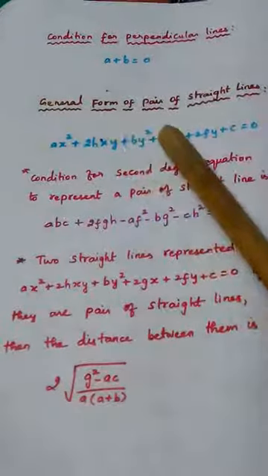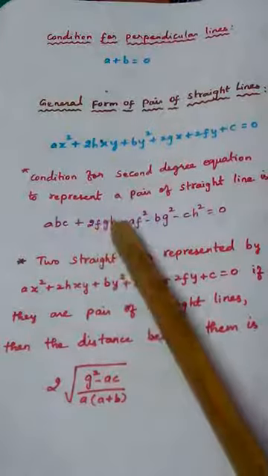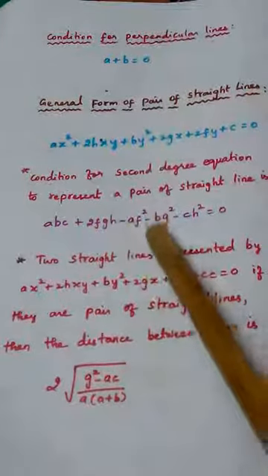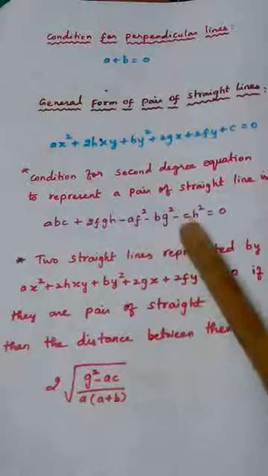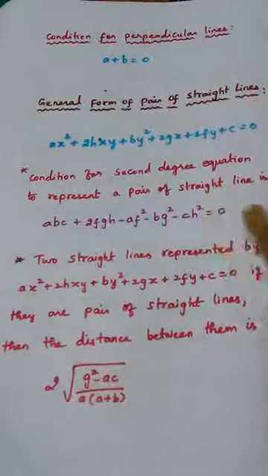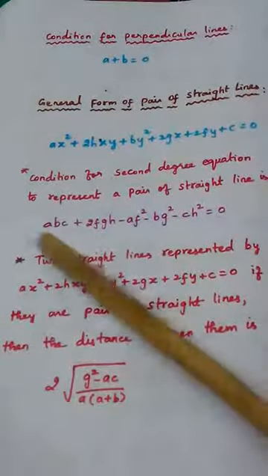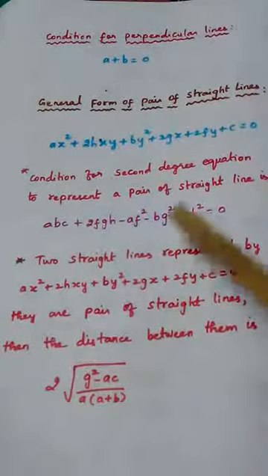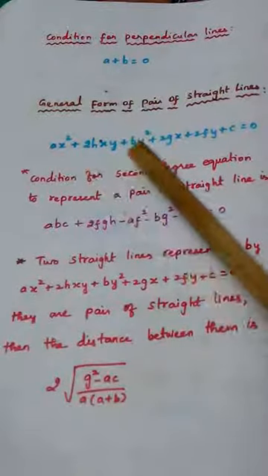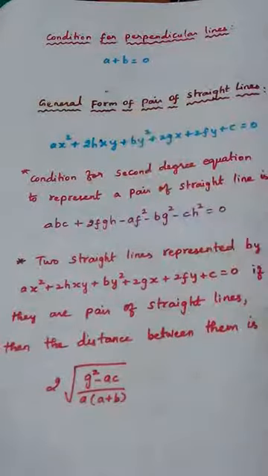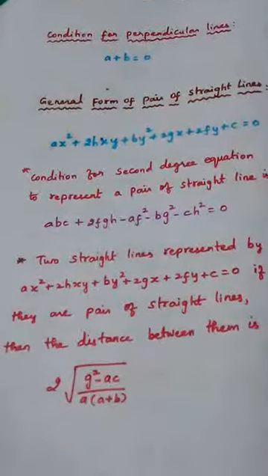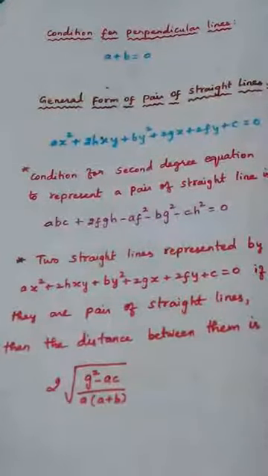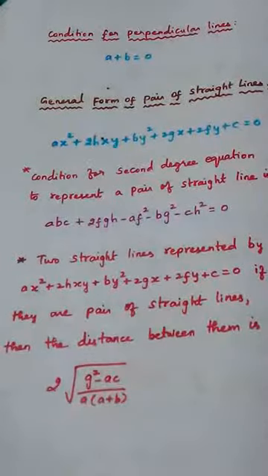The condition is given by ABC plus 2FGH minus AF square minus BG square minus CH square equal to 0. If this value becomes 0, I can boldly say that this equation definitely will represent a pair of straight line. The meaning is definitely it is a combination of two straight lines. If not, it is not a pair of straight line, it may be a curve.